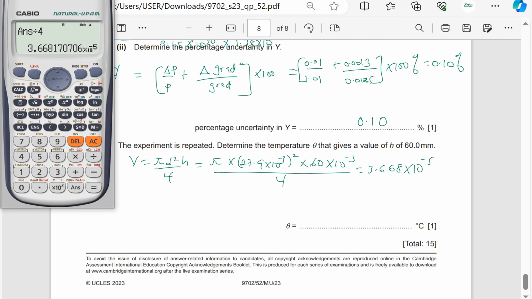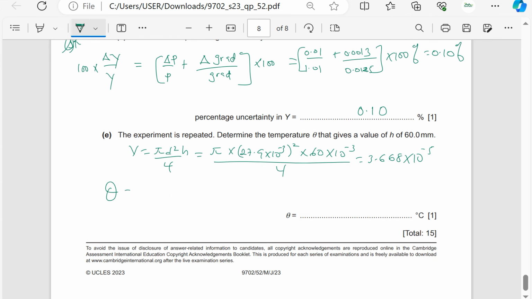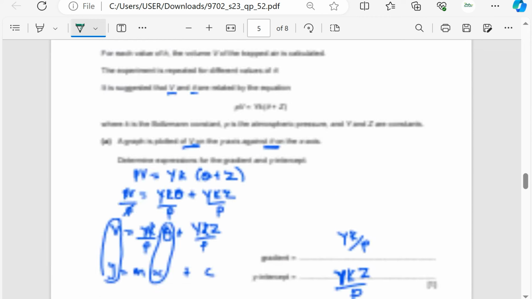That is V. But I want to find theta. So from the first equation, I'll make theta the subject.